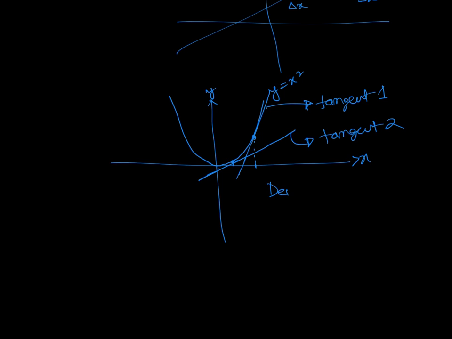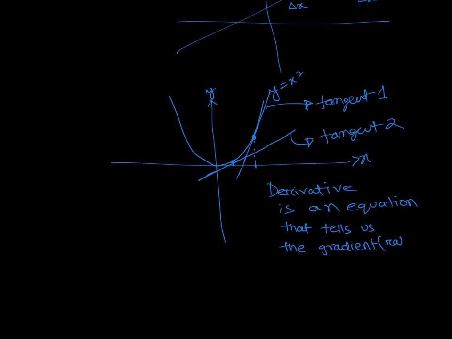So a derivative is basically an equation that tells us the gradient, or you can say the rate of change, of a curve at different points in the curve.